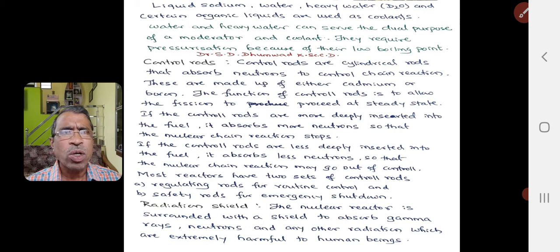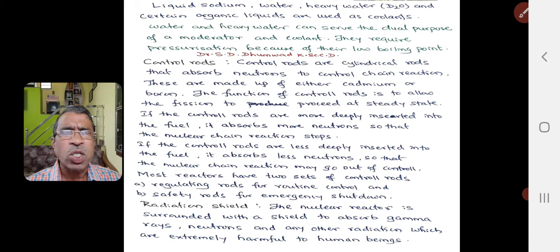If the control rods are more deeply inserted into the fuel, they absorb more neutrons so that the nuclear chain reaction stops. If the control rods are less deeply inserted into the fuel, they absorb fewer neutrons so that the nuclear chain reaction may go out of control.